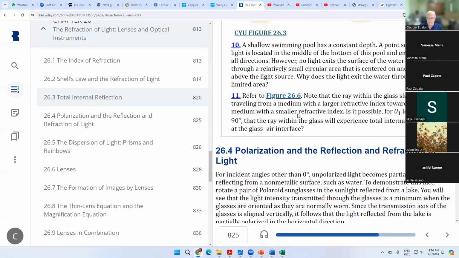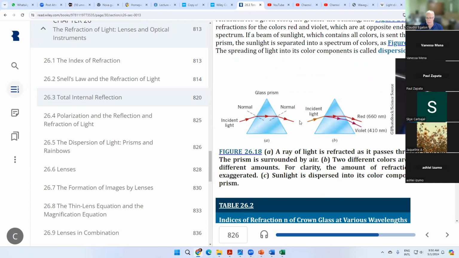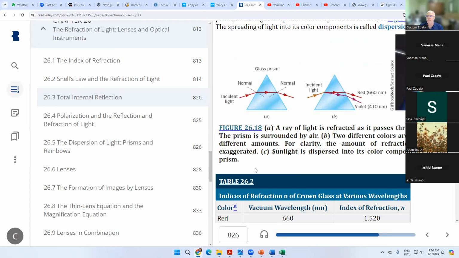That's a very good illustration here, right? So incident white light, which by the way is made up of every color that we can see. Now you can see that the violet light sees a refractive index that's higher than the refractive index of the red.